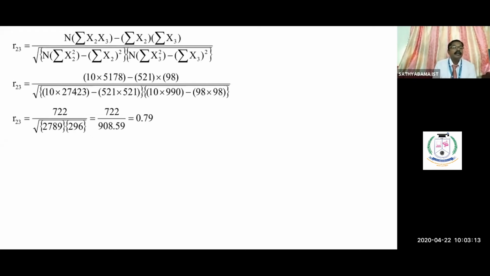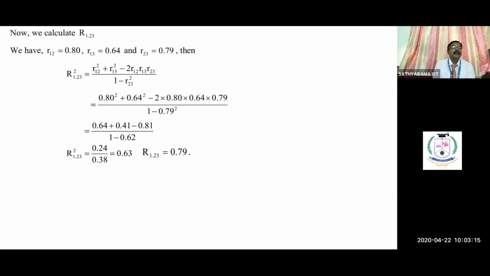Next, you have to find the multiple correlation. The formula for R1.23 squared is nothing but R12 squared plus R13 squared minus 2 times R12 R13 R23, divided by 1 minus R23 squared.